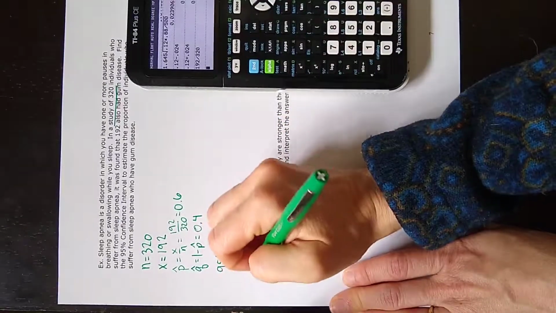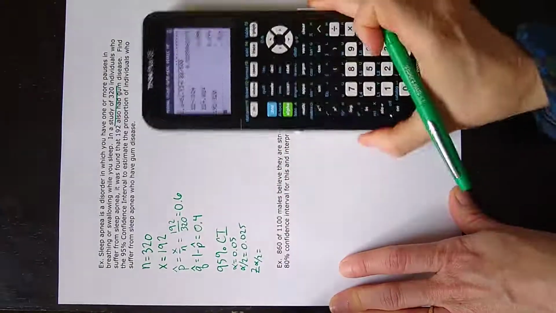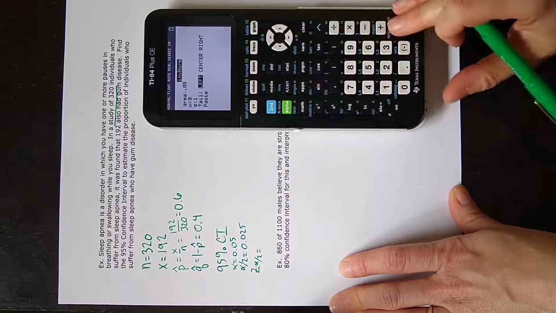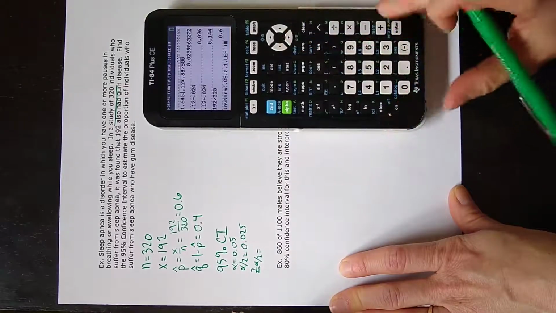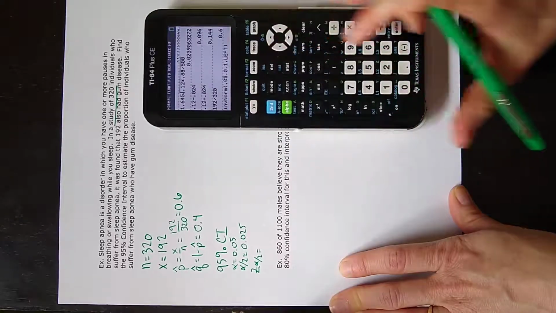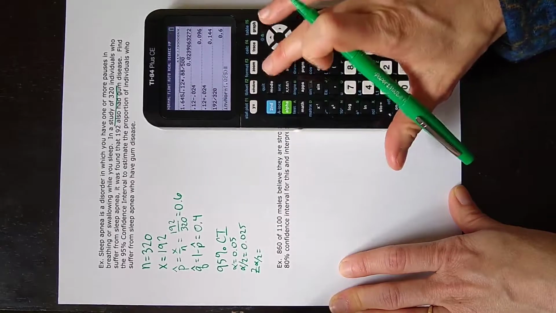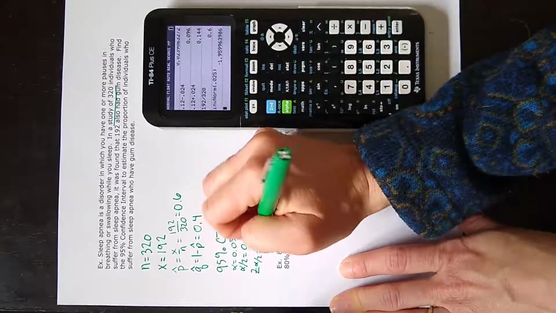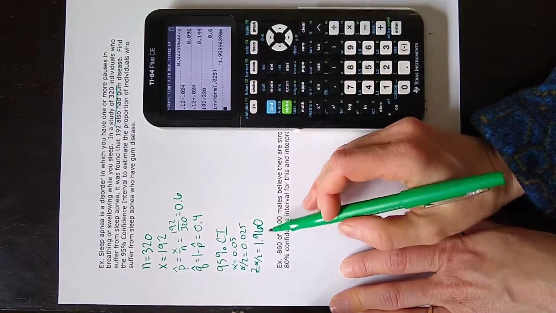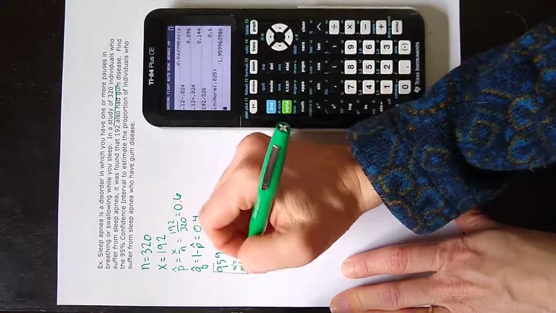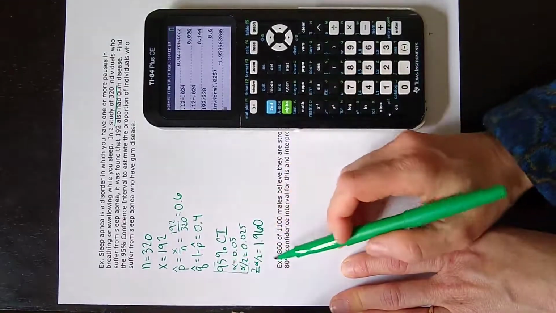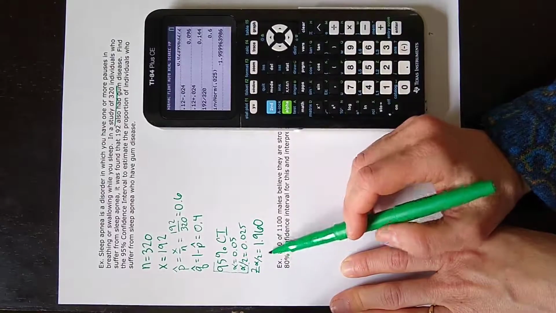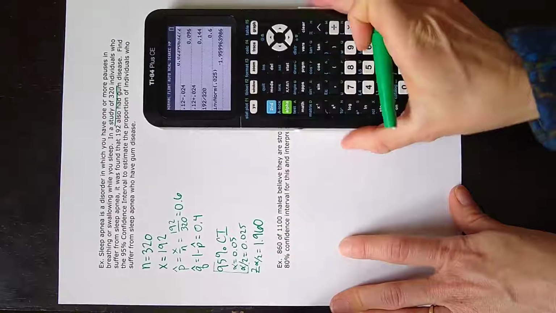So z alpha over 2 is inverse norm of 0.025. And we use the positive value of 1.960. But oh gosh, that was in that table. Okay, so all of this is kind of optional to you. You really just need to get to the idea that if it's a 95% confidence interval, your critical value of z is 1.960.